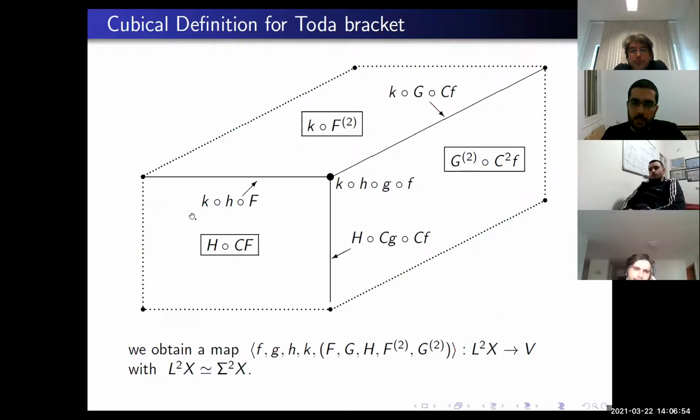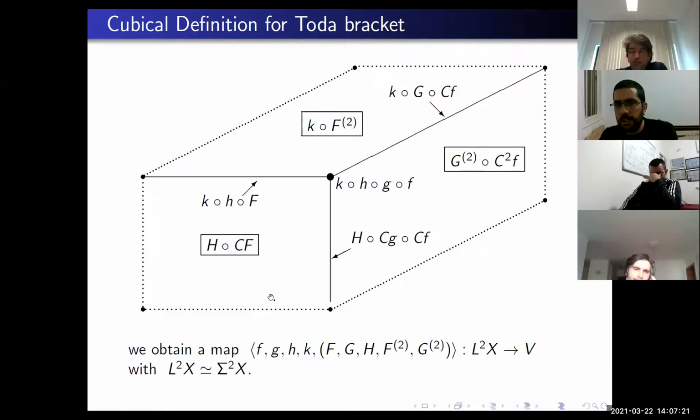So we get a map from, you imagine what it is, this is one double cone, one double cone composed, the other side is just the points. So I denote it by L2x. This is, in fact, equivalent to the double suspension. Okay, the domain here is equivalent to the double suspension.